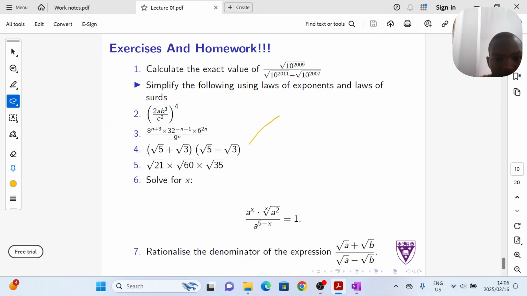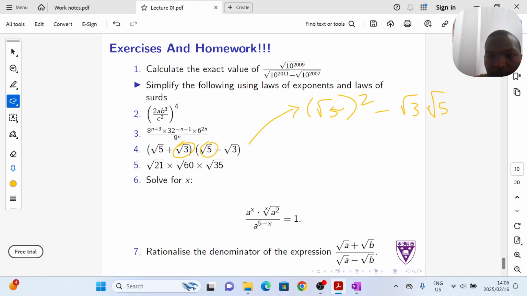For this one, this is the same as, I'm going to multiply the square root of 5 and the square root of 5, so you get the square root of 5 squared minus, the positive and the negative, they give you a negative. So you're going to have a square root 3 times the square root 5, and then we also multiply this with that.